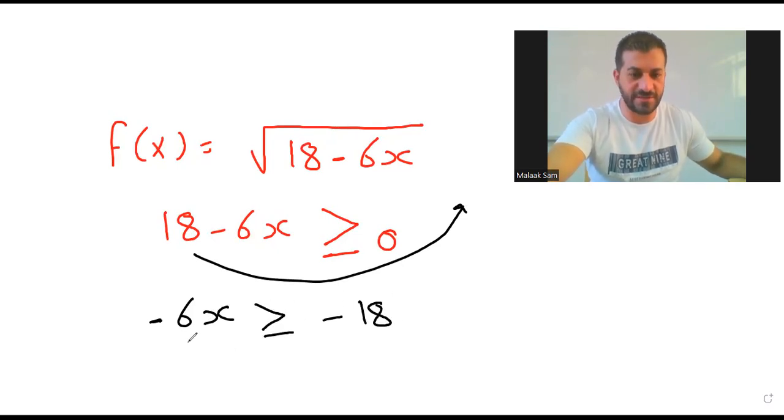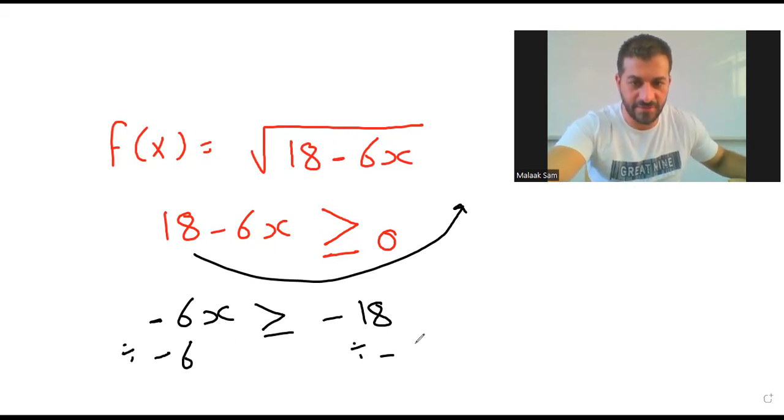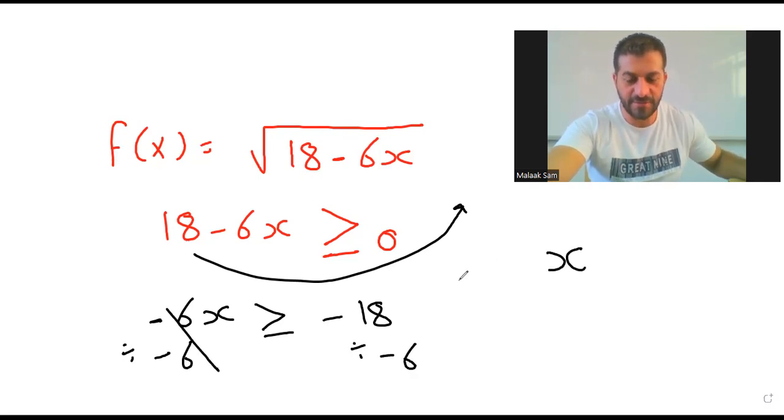What is the next step? I want to get rid of minus 6, so divide by minus 6 on both sides. Remember that when we divide by a negative number, we change the direction of the inequality.